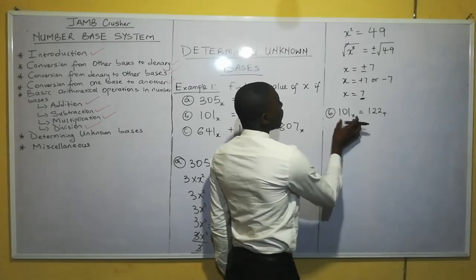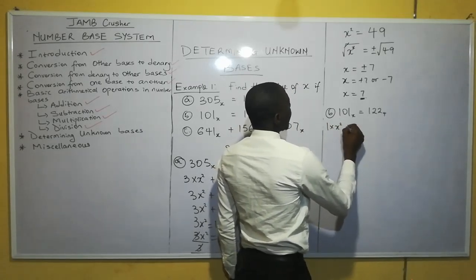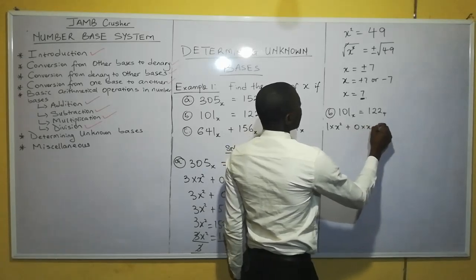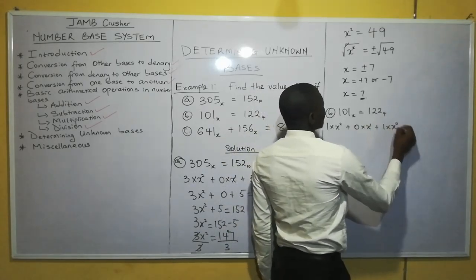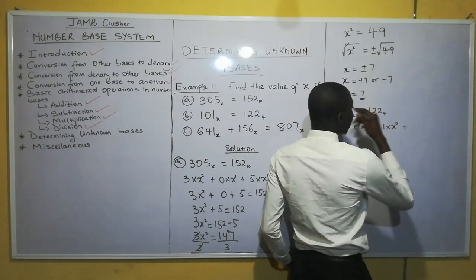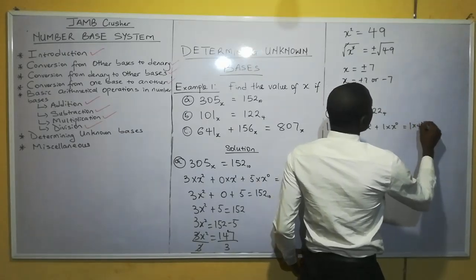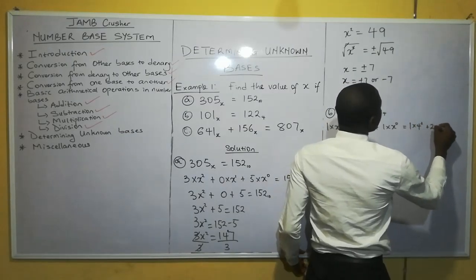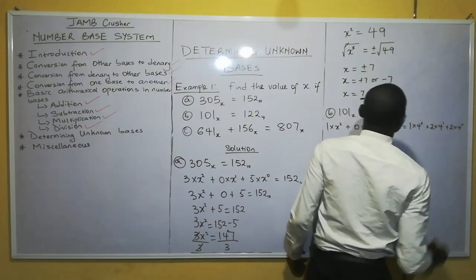We would have 1 times x squared plus 0 times x plus 1 times x, raised to powers 2, 1, and 0. Then expand this as well in the powers of the base. So that means we have 1 times 4 raised to power 2 plus 2 times 4 raised to power 1 plus 2 times 4 raised to power 0.